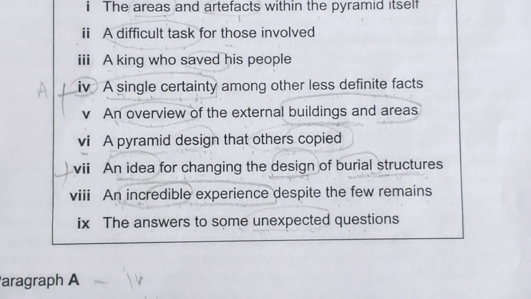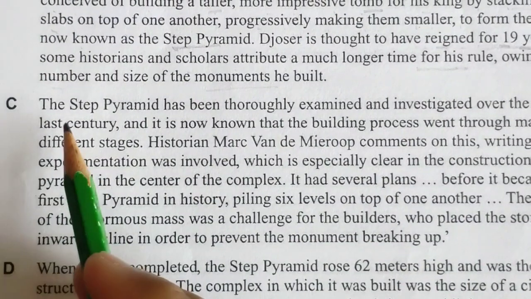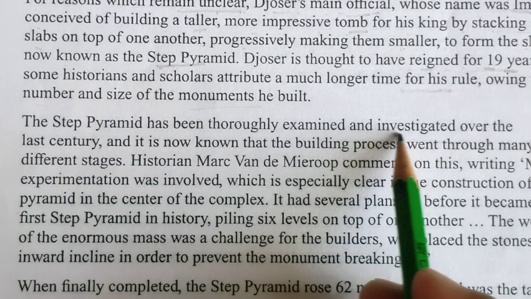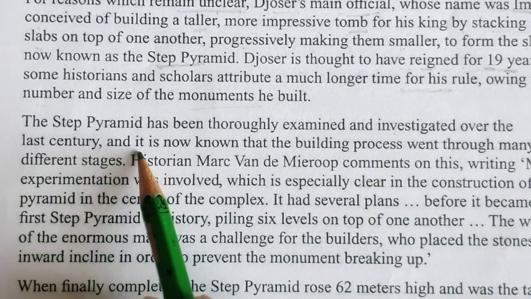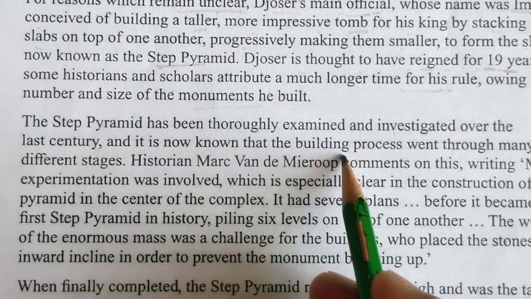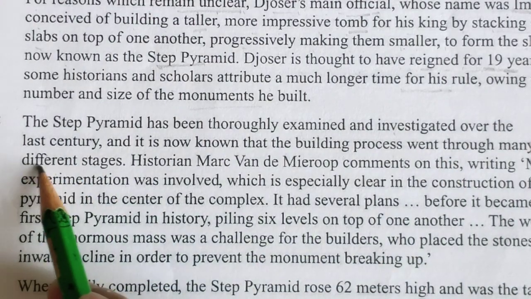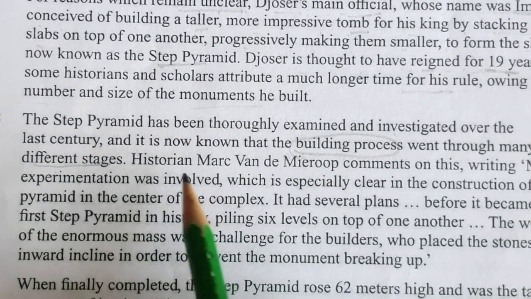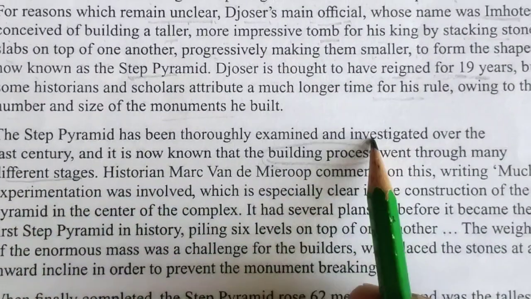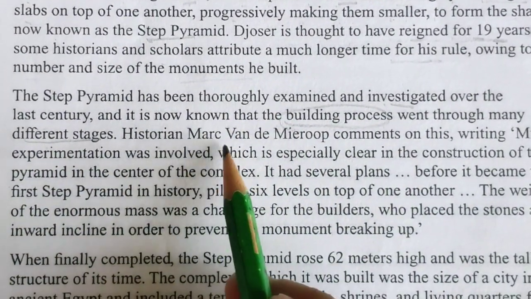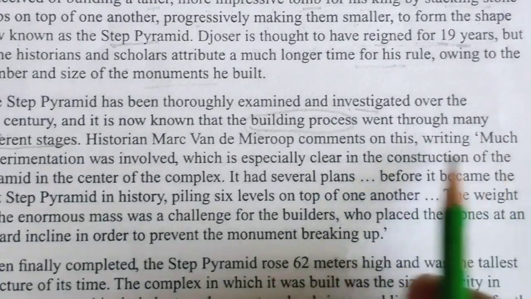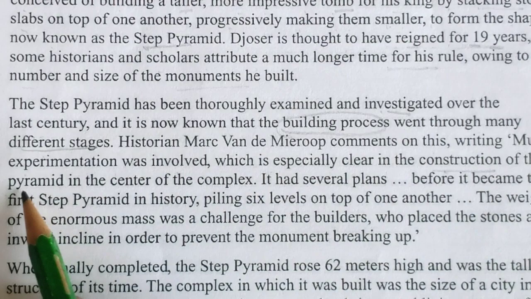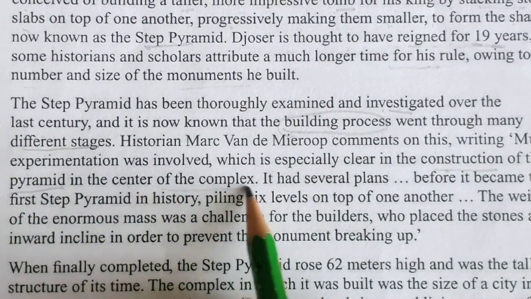Let's go to the paragraph C. Now what paragraph C is saying, the step pyramid has been thoroughly examined and investigated over the last centuries, and it is now known that the building process went through many different stages. Now just look at the building process they are talking about. Investigated over the last century. Historians comment on this, much experimentation was involved, which is especially clear in the construction of the pyramid in the center of the complex.